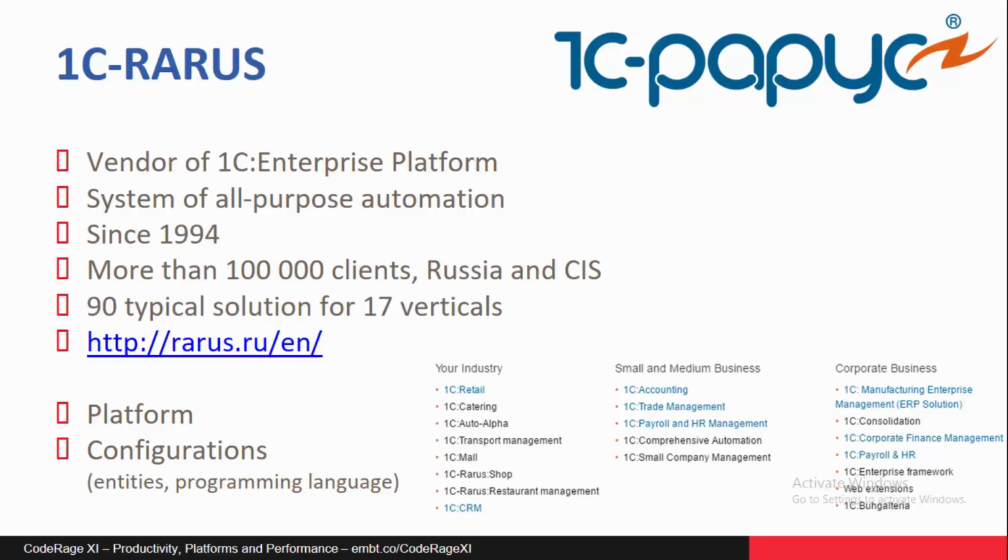Based on this 1S platform, 90 solutions were created for 17 verticals, and you can find more details using this link. Let me please tell you some more words regarding this platform. This is a kind of core and database, and it has some mechanisms and a programming language inside. So if you need to automate something, for example car service, you need to use a configuration.